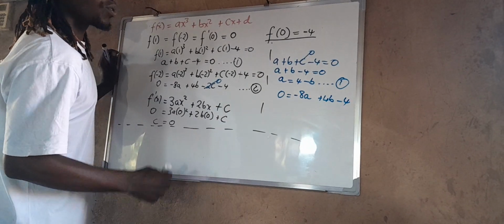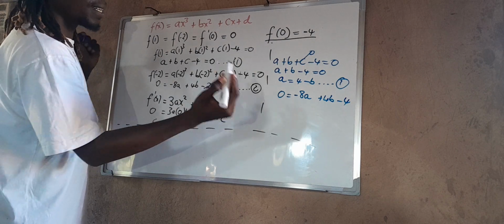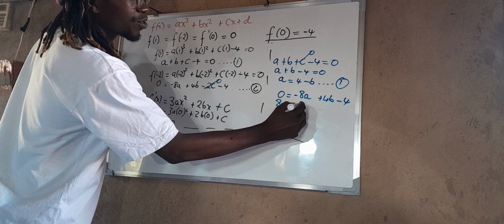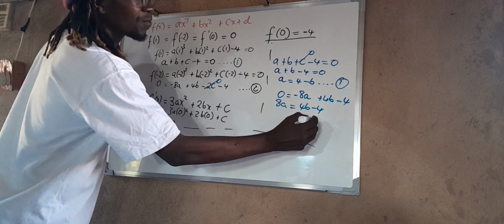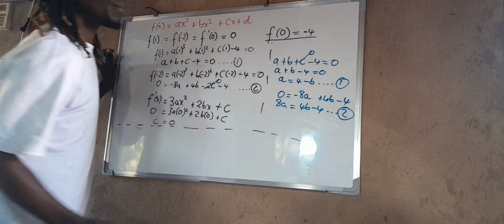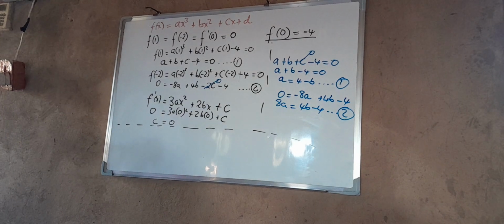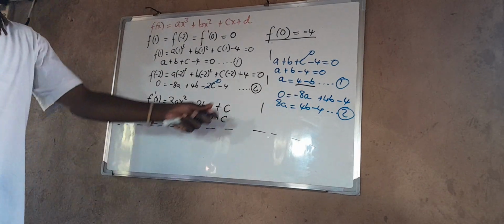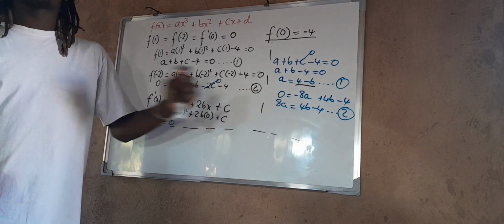Also here we can make anything the subject of the formula. So 8a is equal to 4b minus 4, and this becomes our equation number 2. Here we have the value of a, so we can take this value of a and substitute where there is a.